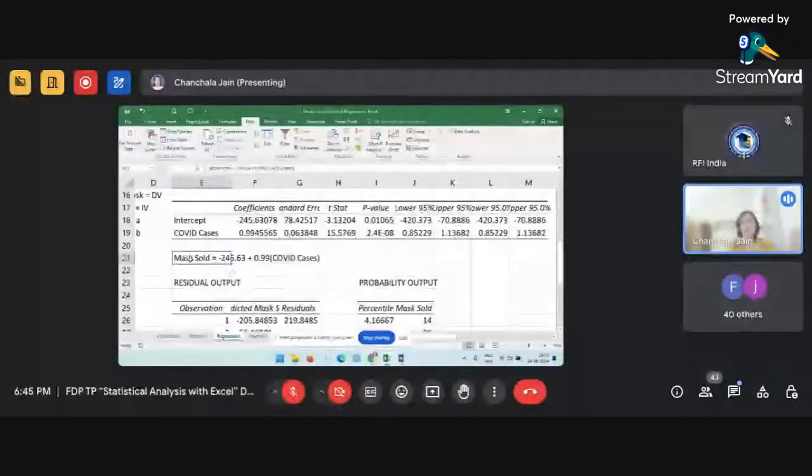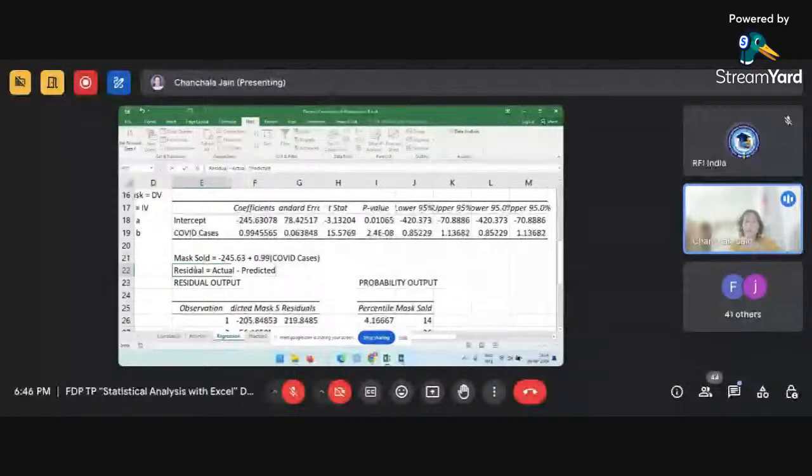And what will be your model? Your model will be mass sold equals -245.63 plus 0.99 into COVID cases. So now if you have the number of COVID cases for a particular month, you can put the value here.